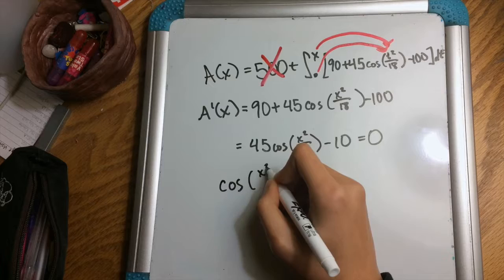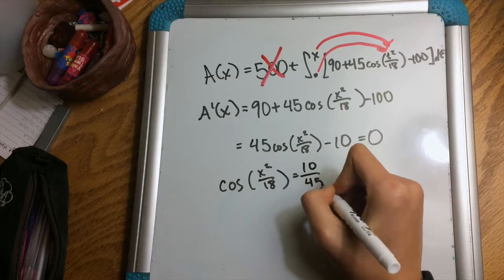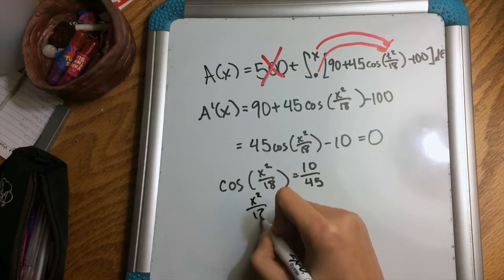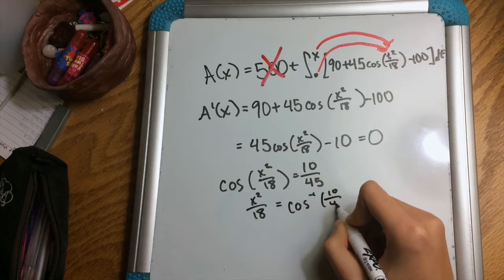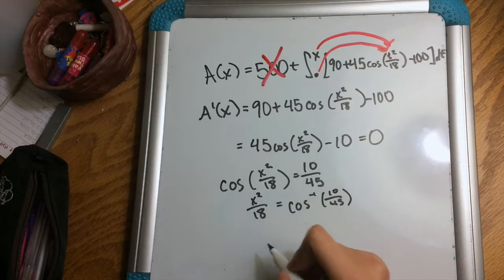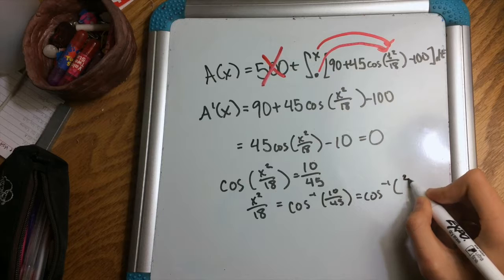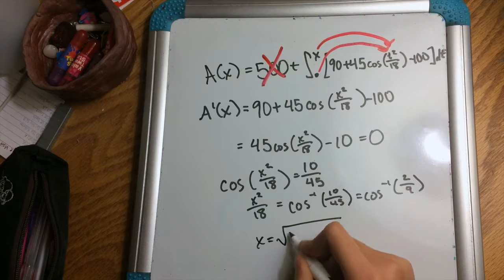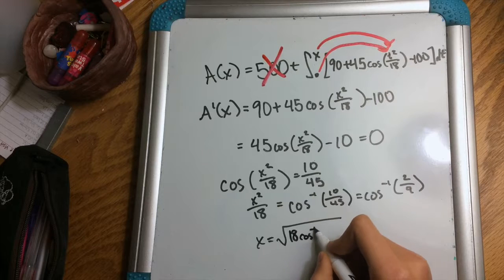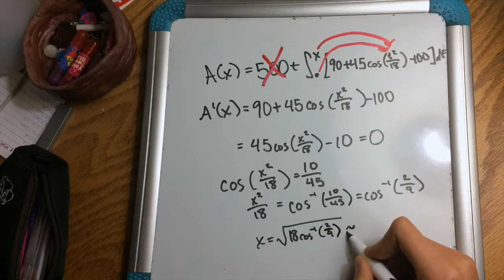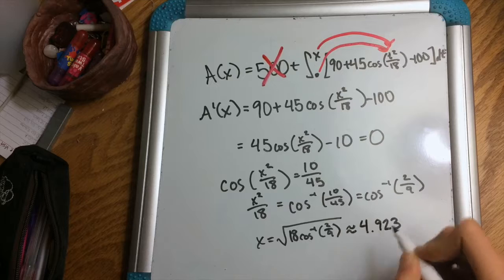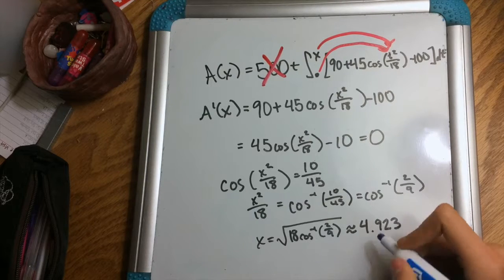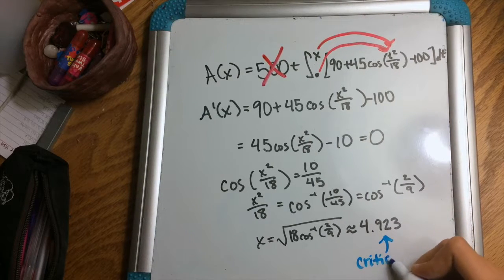Set that equal to 0 to find the maximum, and then solve. Eventually, you'll get x is equal to the square root of 18 arccosine of 2 over 9. That gives us approximately 4.923, which is going to be our critical point.